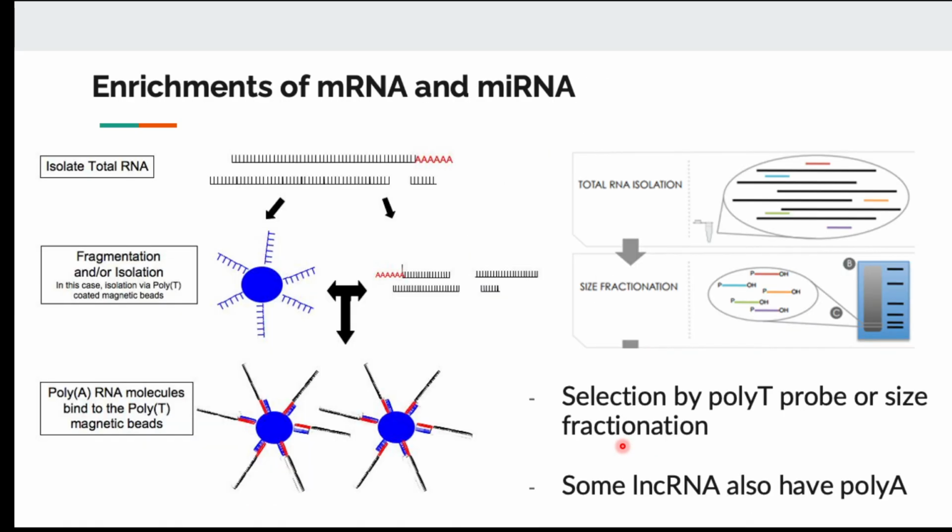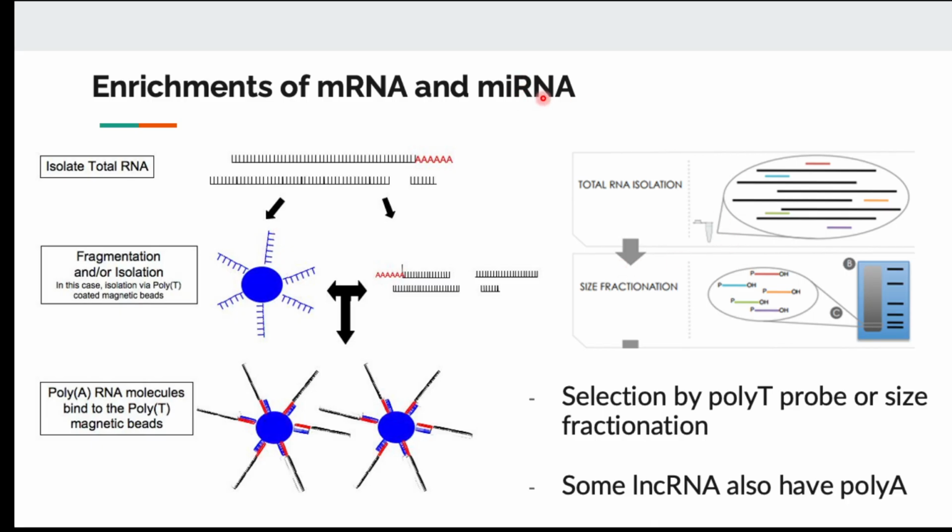And this will be called total RNA sequencing. But in certain situations, you want to focus on just messenger RNA, or on a certain group of RNA, like microRNA. You can enrich for these. For messenger RNA, because it has the poly A tail, you can design poly-T probes to pull them down. Very simple.